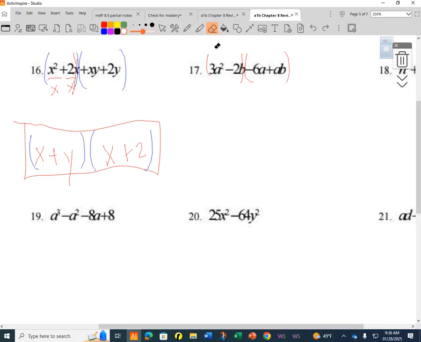We've never had to rearrange them yet, but this one would be helpful. So what if we put 3a squared minus 6a, okay, that makes sense, Keyshawn? Because we see there's a 3 and an a, and then I'm going to put plus ab minus 2b, but you can put those in whatever order. So now there's a b that will come out of both of those.